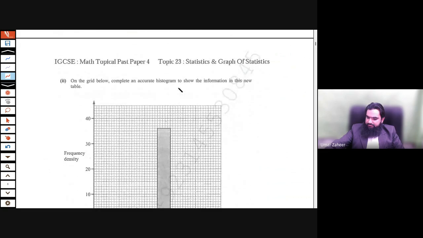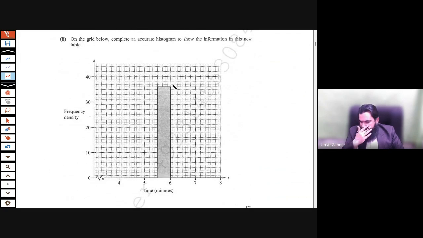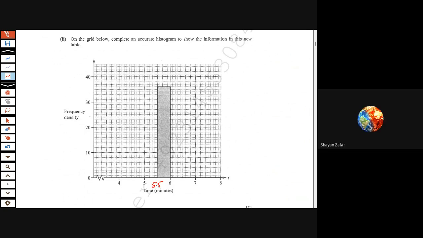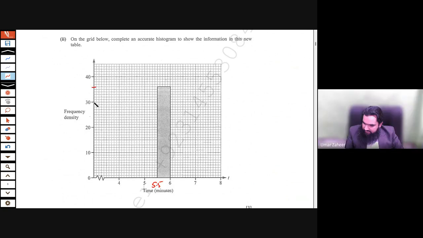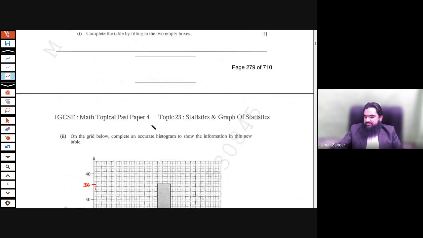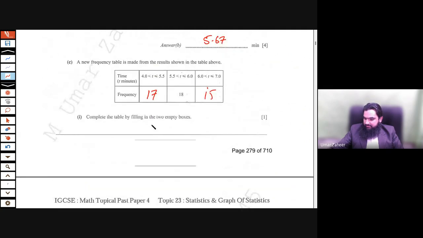Now we have completed that. On the grid below, complete an accurate histogram to show the information for the new table. The frequency density is already shown. It starts from 5.5 to 6. We have to check for 5.5 to 6. We know that frequency density is equal to frequency over class width.